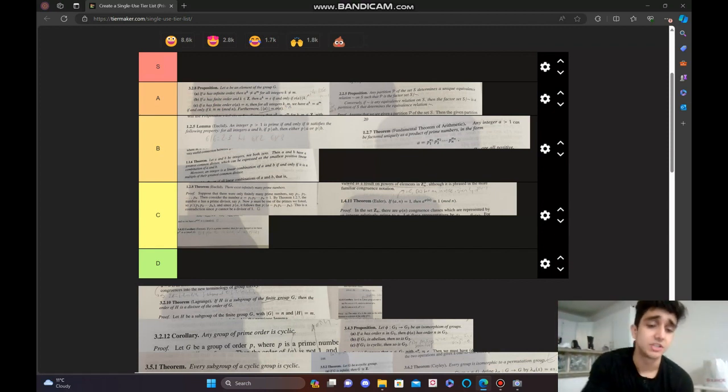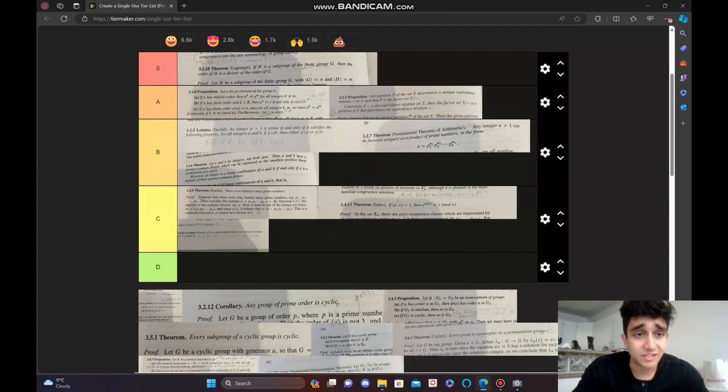The fact that if you have a subgroup H of a finite group G, then the order of H divides the order of G. That one's a crazy result, because on one hand it's easy to understand: if you have a subgroup of your bigger group, then the number of elements in the subgroup divides the number of elements in the bigger group. I mean, come on, it's a good theorem. It's used to prove so many other things. So ladies and gentlemen, that is our first S rank. Okay, that is our first S rank.